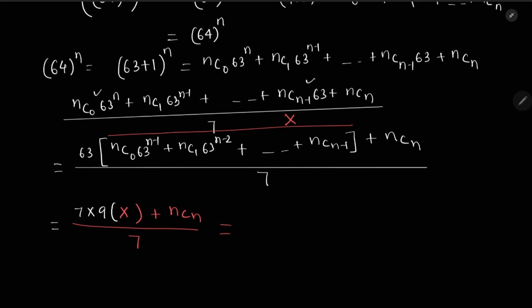As we know, the binomial expansion is going to be a number only. This is not going to be a fraction, this is going to be natural numbers. So I can write this as 7k plus nCn, which is 1, divided by 7.